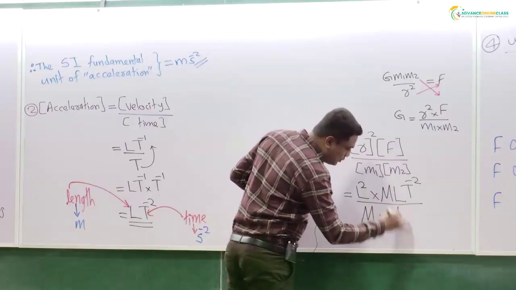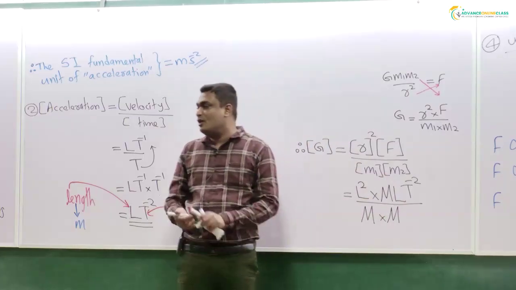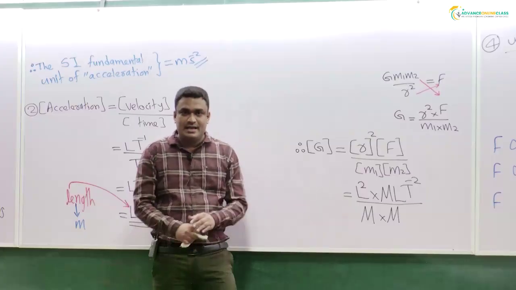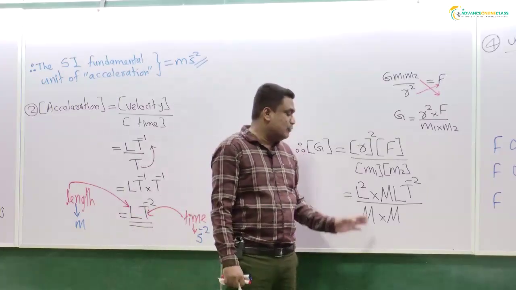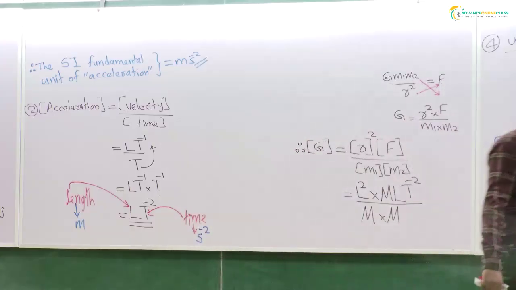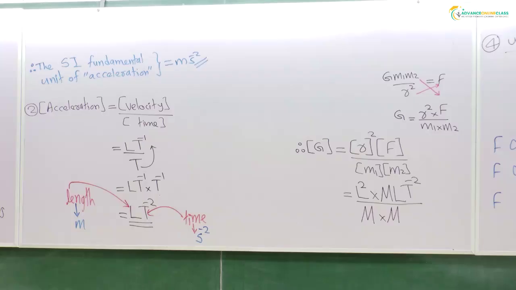Dimensions of m2 is also M. Write them all. m1 and m2 are masses, therefore their dimensions are capital M and capital M.